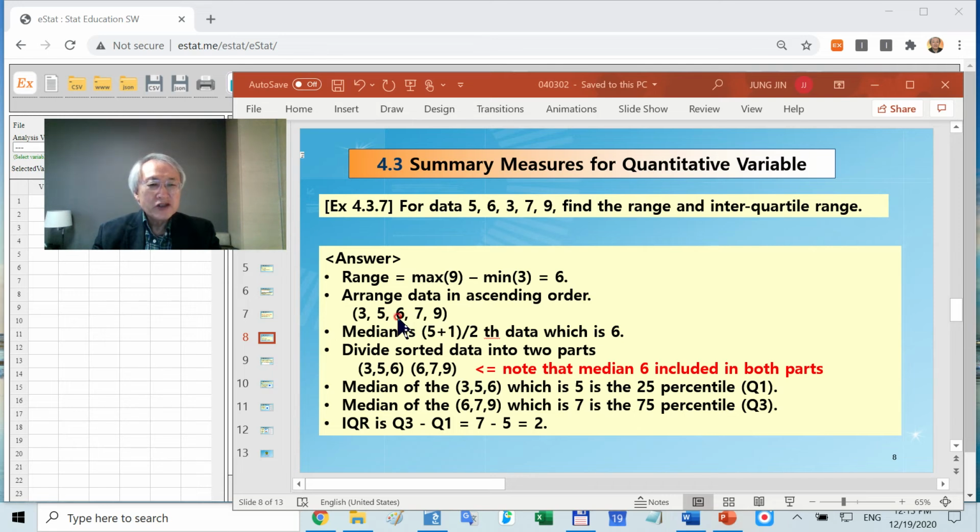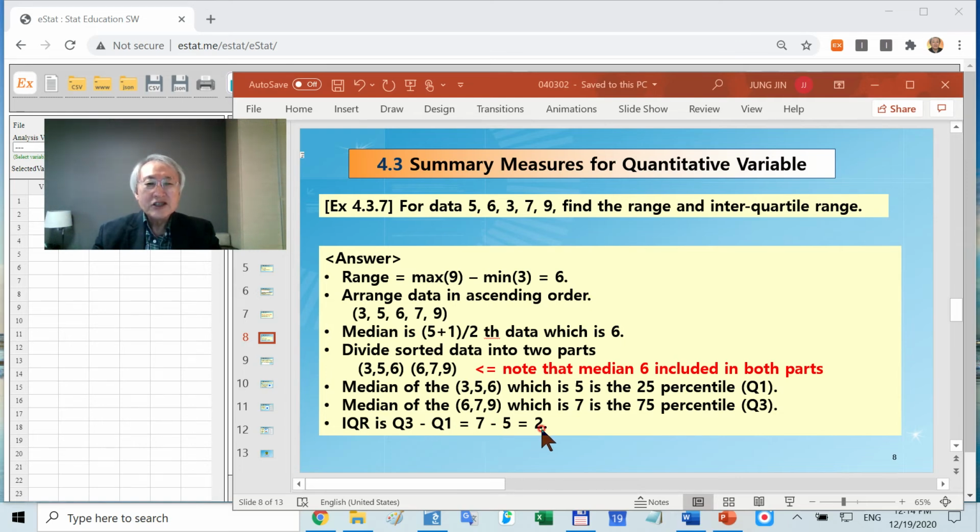Then you have 6 numbers: 3, 5, 6, 6, 7, 9. Then you can split into 2 pieces like this. That's the easy way. After you divide it into 2 pieces, calculate the median of this part, that is 5, that's Q1. Calculate the median of this part, that is Q3. IQR, therefore, is Q3 minus Q1, which is 2.